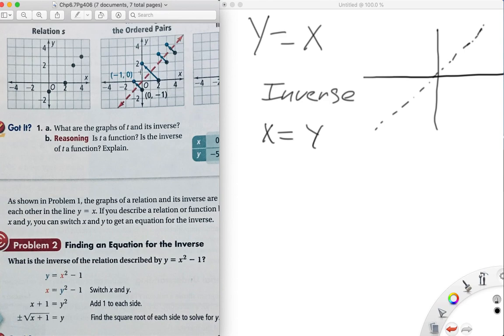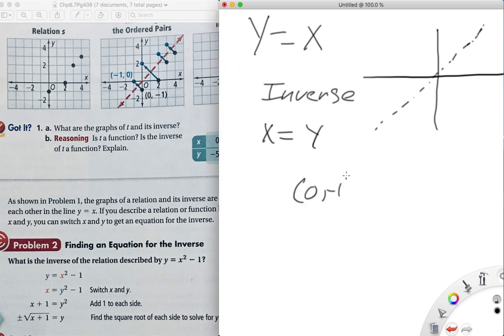So here, if we look at this part here, the first dot down here is 0, negative 1. So when we do the inverse, it's going to be negative 1, 0. They switch places. So 0, negative 1, negative 1, 0.